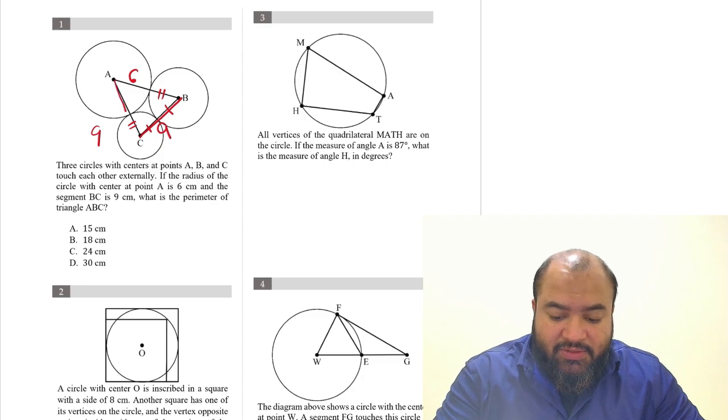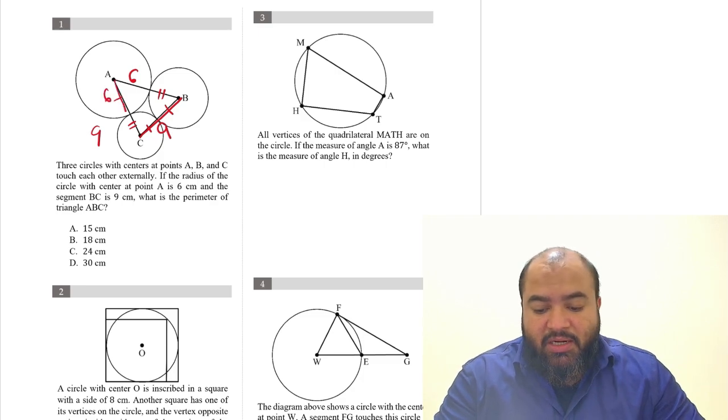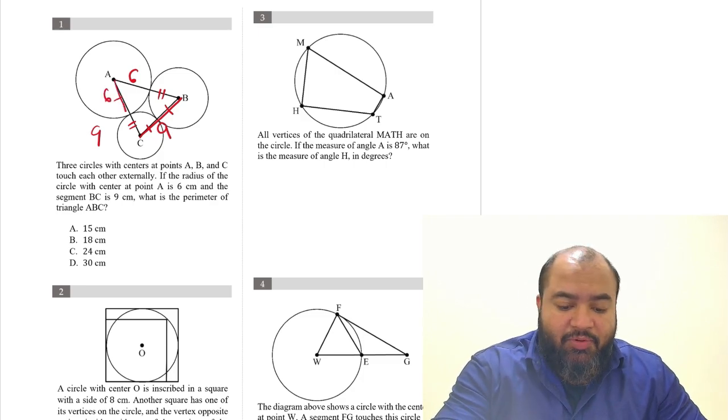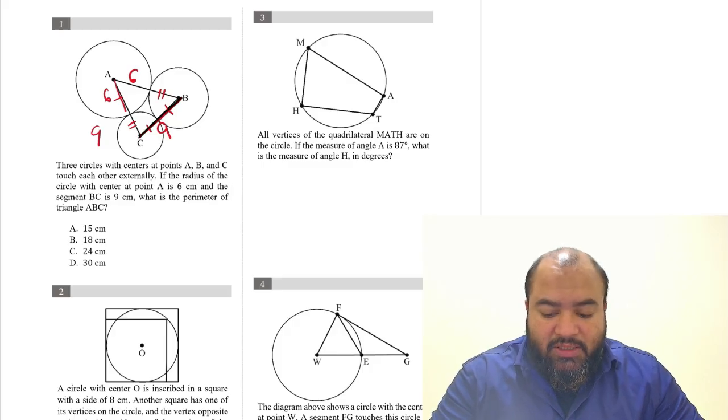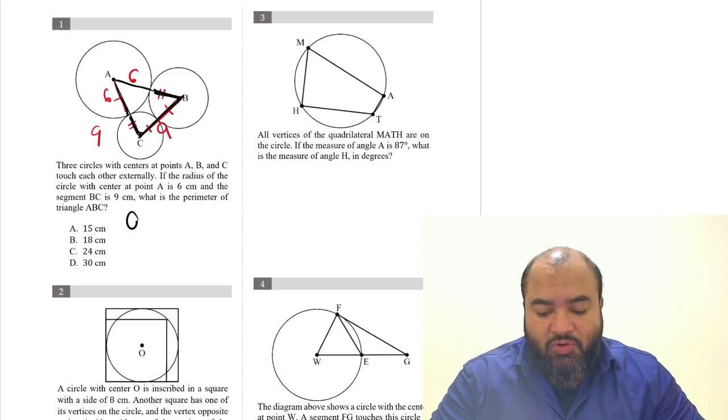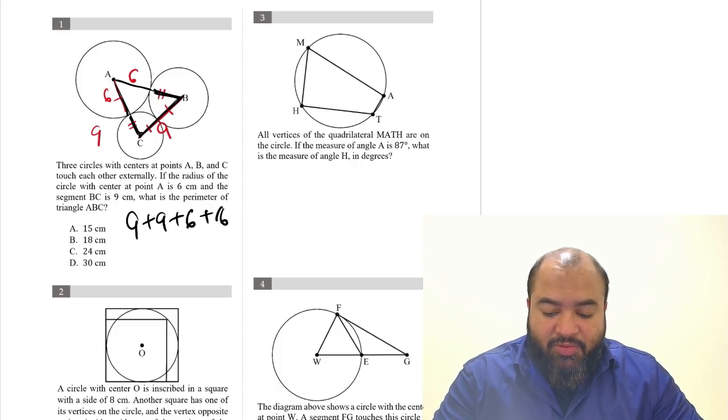And the radius of center A is 6. Now that together makes the perimeter of the triangle. So this is 9, this and this part makes 9, and 6 and 6. So 9 plus 6 plus 6, that's the perimeter of the triangle. So that's 18 and 12, that's 30.